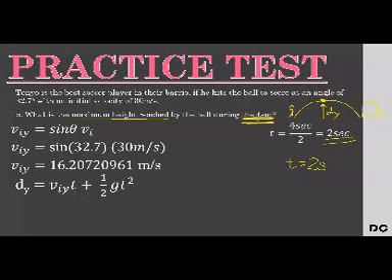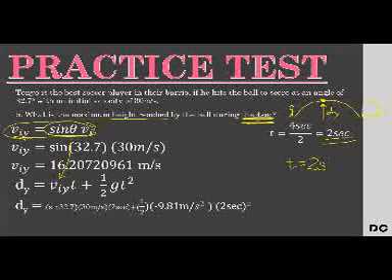Okay, so since v_iy is not necessary, it is not necessary to solve for v_iy. So we just simply substitute sine theta times v_i to our v_iy.